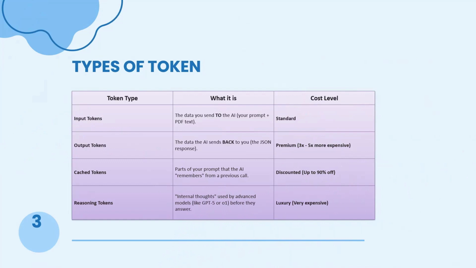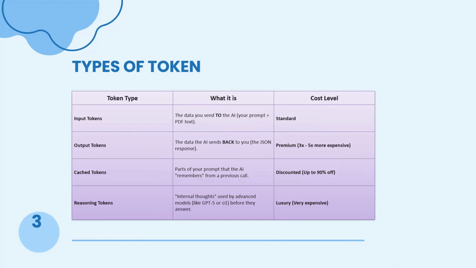Try to give as much structured data to AI as possible so that it can process it, understand it, and consume fewer tokens. This is what I meant. Whatever you deal with AI, everything is considered a token, meaning everything has a price. So the input token is the data that you are sending to the AI, the prompt, the PDF text, and everything. The cost level is standard.